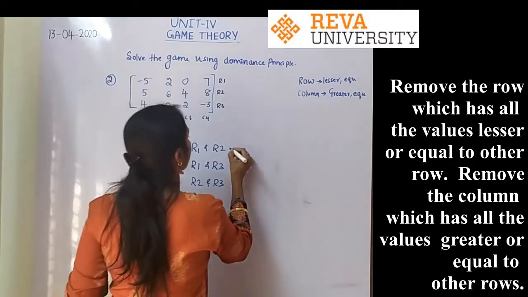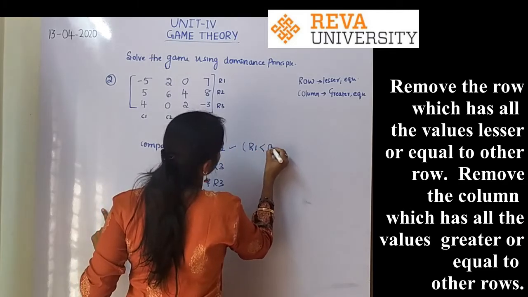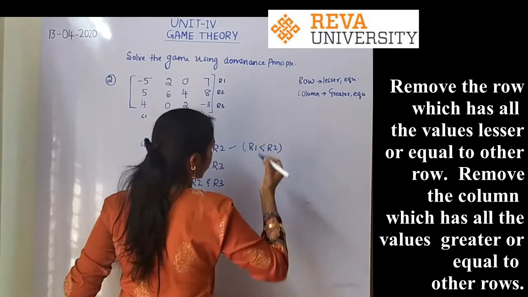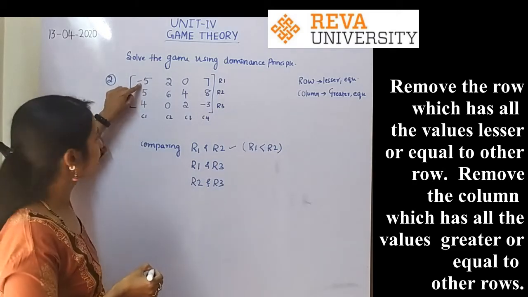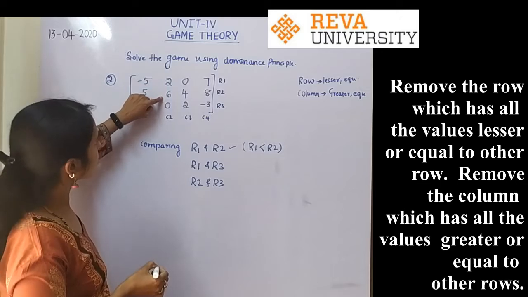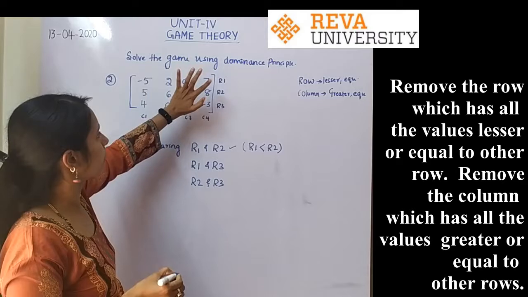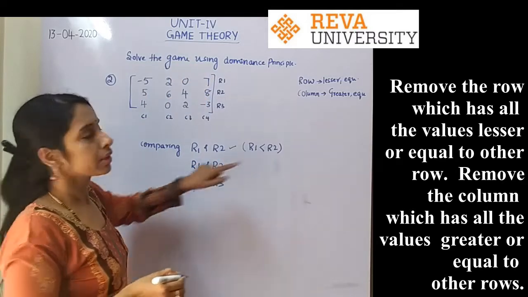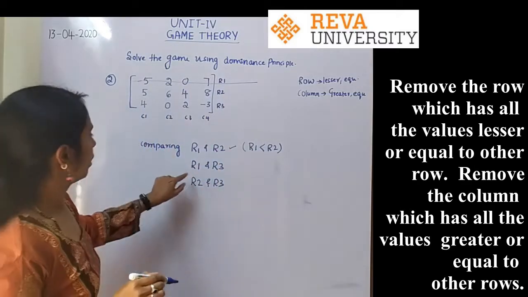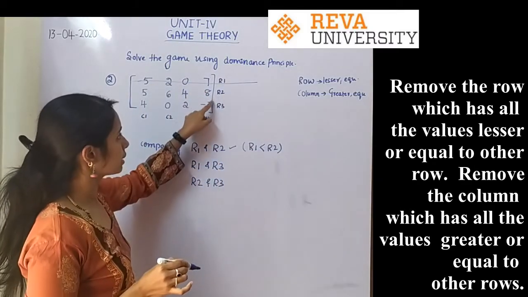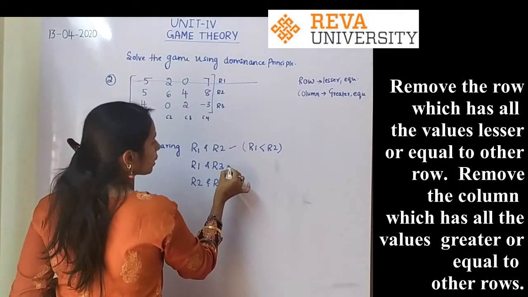Yes, here we found that the complete R1 row is less than R2, hence R1 can be ruled out. Since R1 is ruled out, there is no need to compare it again.